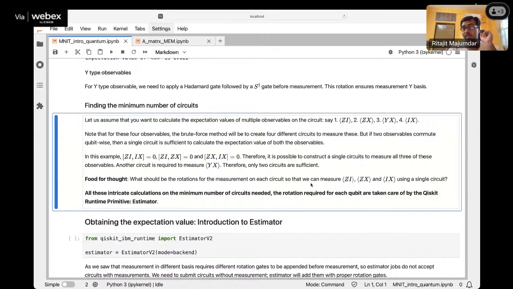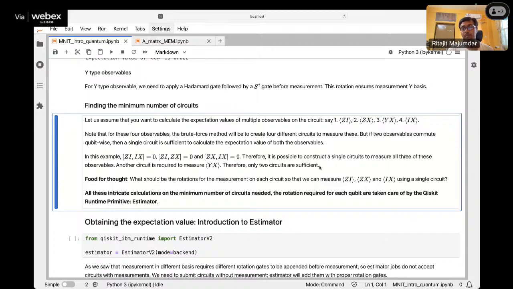Now this type of calculation, how many circuits are needed? What are the commuting groups? What is the minimum number of circuits that you can use? This is something that is done in the underlying calculation by estimator. Estimator is not just a fancy thing that we could have done away with. It's not like that.